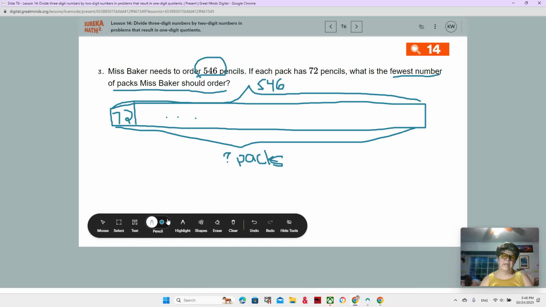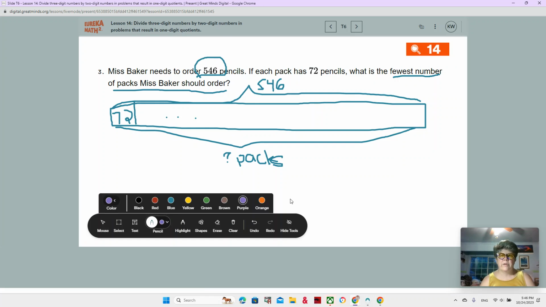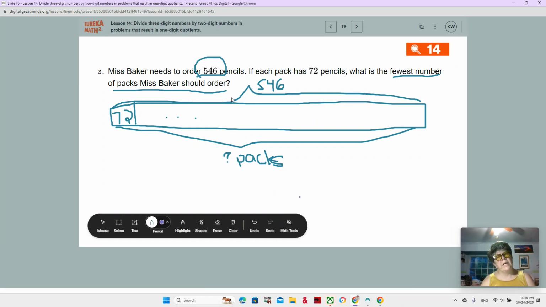So when we divide, we always start with our estimate, right? And we have 546 and 72. So we're thinking about the sevens in the multiplication, right? 7 times 8 is 56. 7 times 7 is 49.